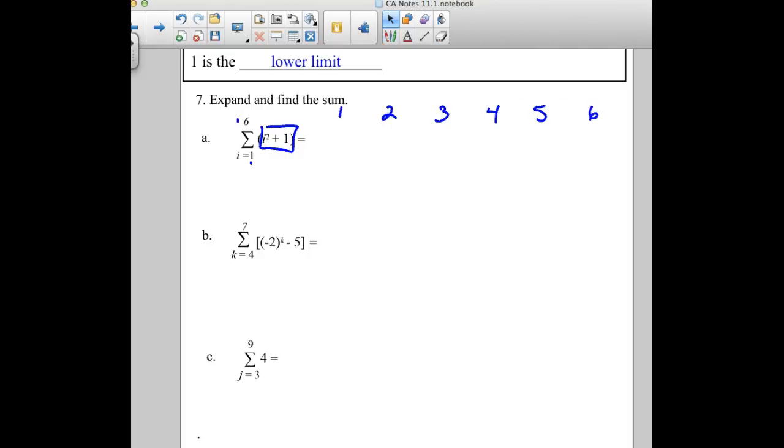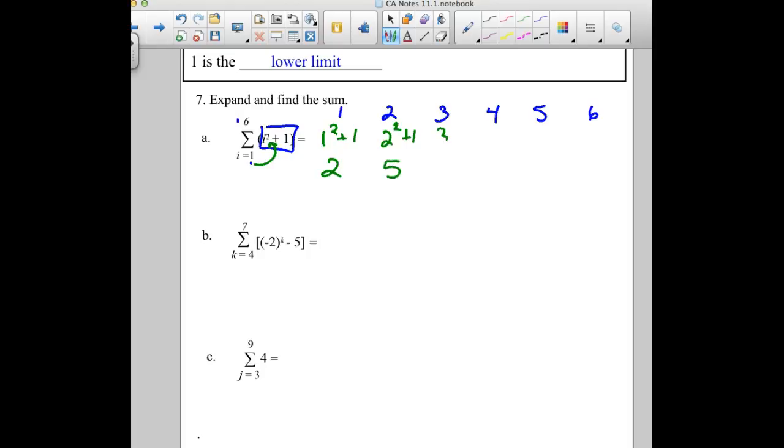Our first one basically just says plug a 1 in for i. We get 1 squared plus 1, which is 2. So our first number is a 2. Then we plug a 2 in: 2 squared plus 1, which gives us 5.